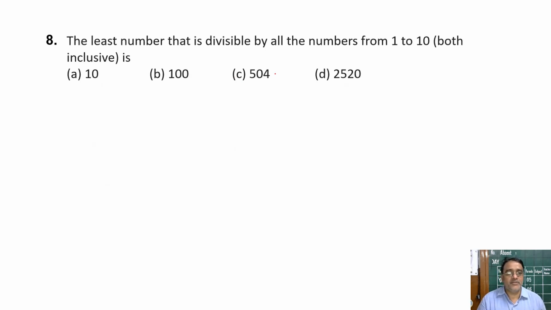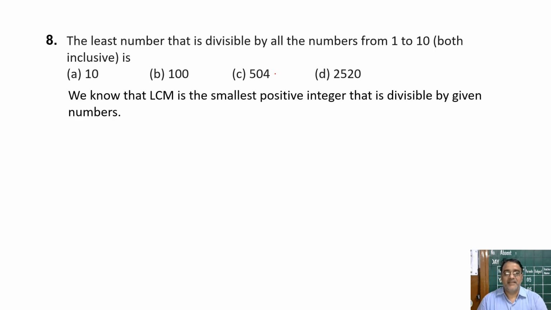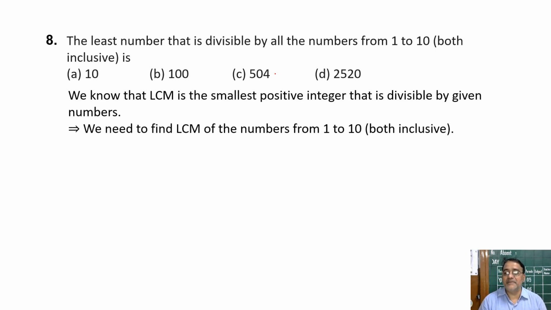Okay. Now we are moving toward question number 8. The least number that is divisible by all the numbers from 1 to 10, both inclusive, is, means one number divisible by many numbers. So what do we have to find? LCM. Yes, we have to find the LCM of the numbers from 1 to 10. So we have to find the factors of the numbers 1 to 10.